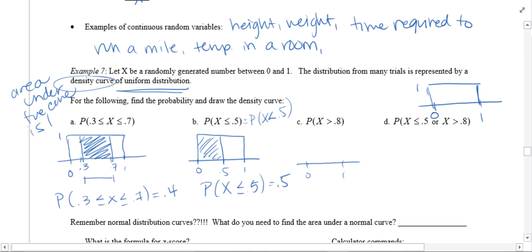Okay, 0 to 1, and now, sorry, that's not very straight. We're going from 0.8 greater than, so what's that distance from 0.8 to 1? Yeah, it's 0.2, so this will equal 0.2. Okay.